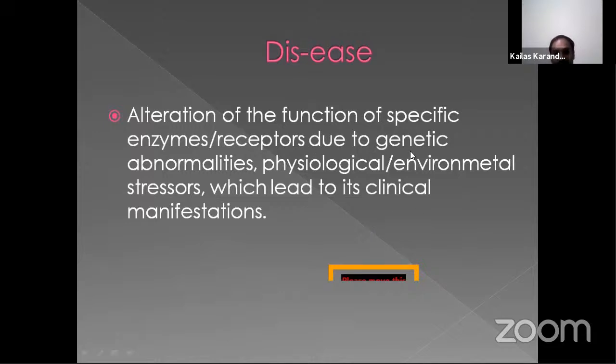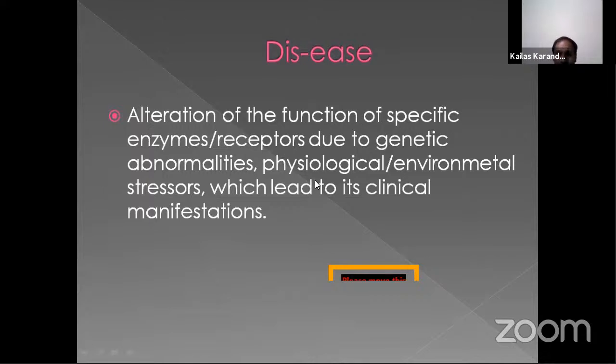It could be because of genetic abnormalities, or some physiological or environmental stressors may cause this alteration. Ultimately some symptoms arise, and these symptoms are nothing but the clinical manifestations of that particular disease.